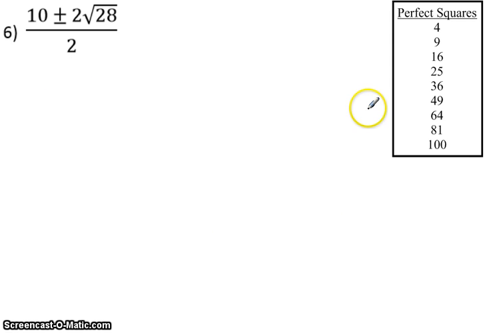Alright, last example. Got 10 plus or minus 2 radical 28 all over 2. So I'm going to evaluate 2 radical 28. Well, the biggest perfect square that goes into 28, not 25, not 16, not 9, but 4 does.